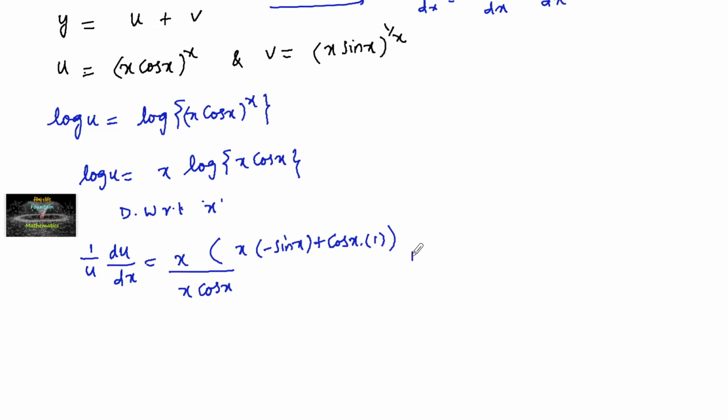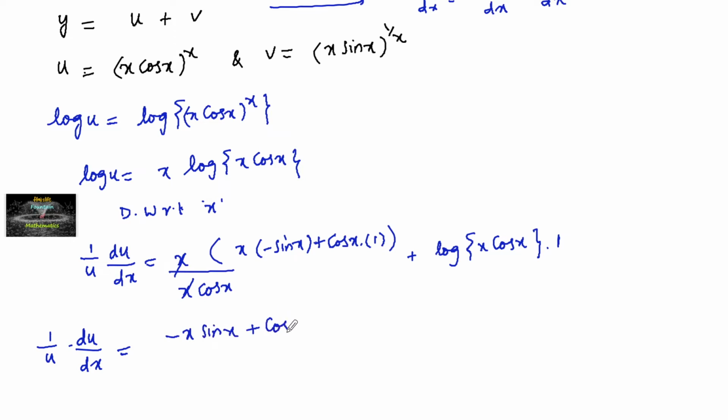And again plus log of x cos x into differentiation of x, which is 1. So finally we can write 1 upon u into du by dx is equal to minus x sin x plus cos x upon cos x plus log of x cos x.